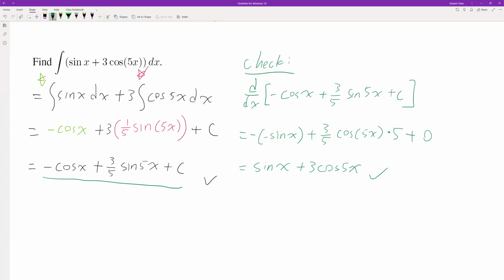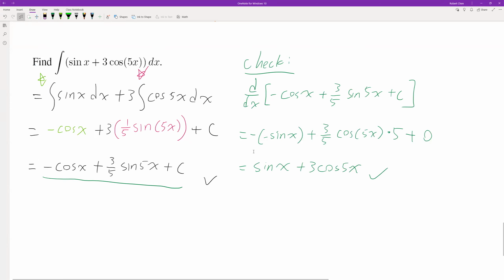So it's always a good habit, if you have time on the quiz or exam, to take a few minutes to check if your integral, your antiderivative, is correct by taking the derivative. So keep in mind that derivatives and integrals are opposite operations.